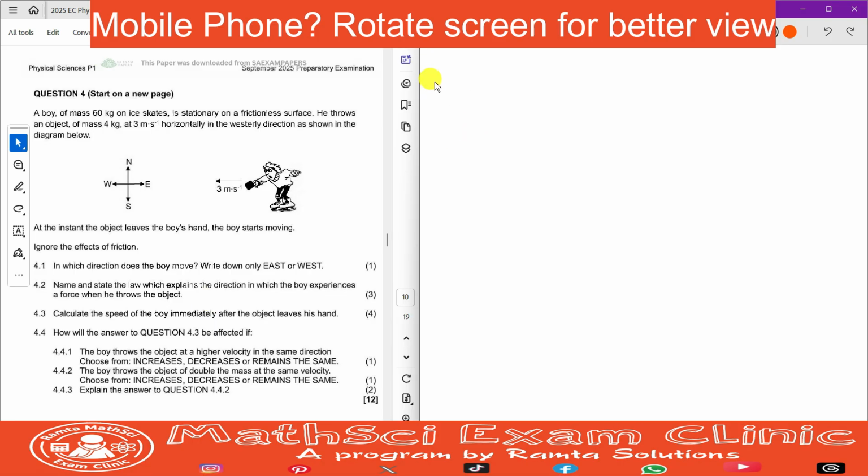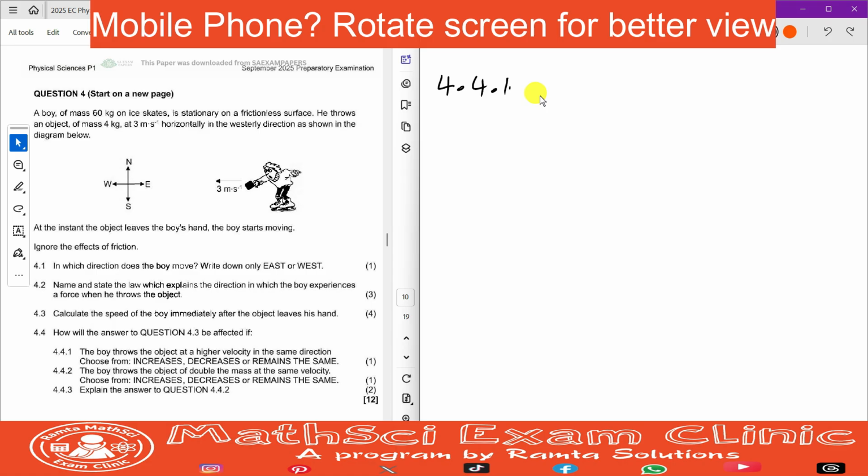Now 4.4, how will the answer to question 4.3 be affected if 4.4.1, the boy throws an object at a higher velocity in the same direction. Choose from increases, decreases, or remains the same.